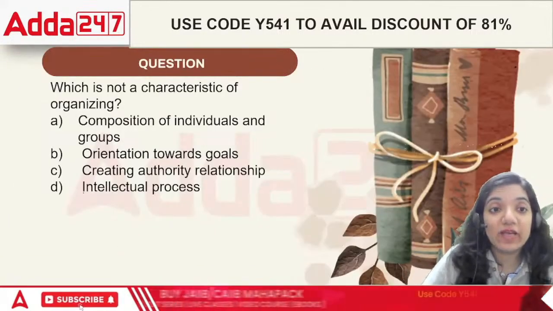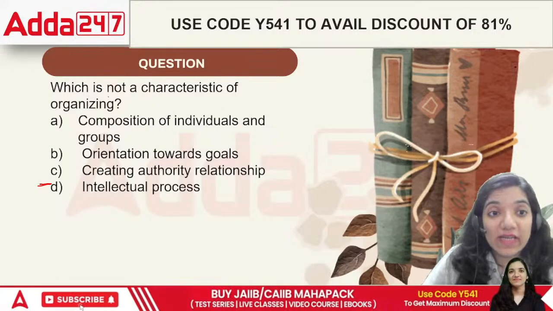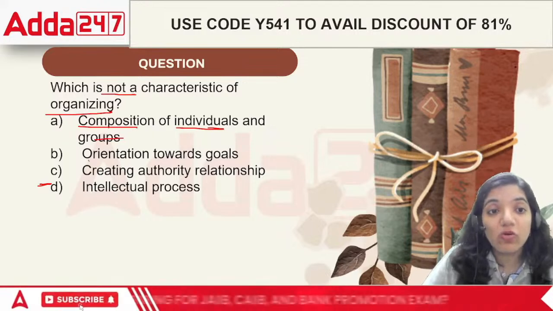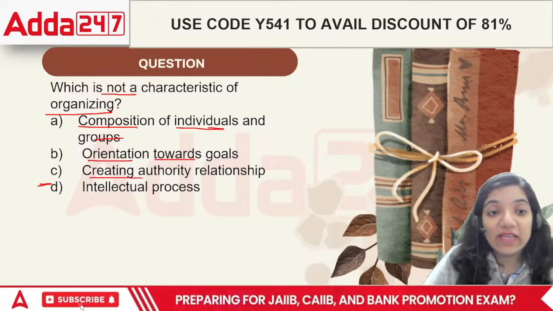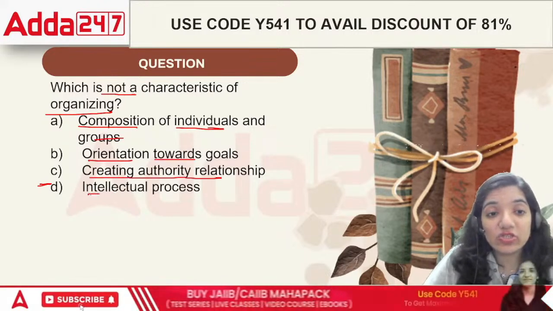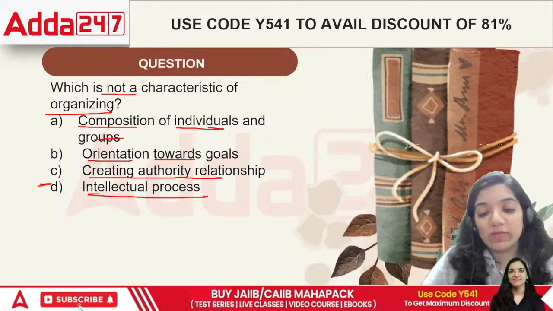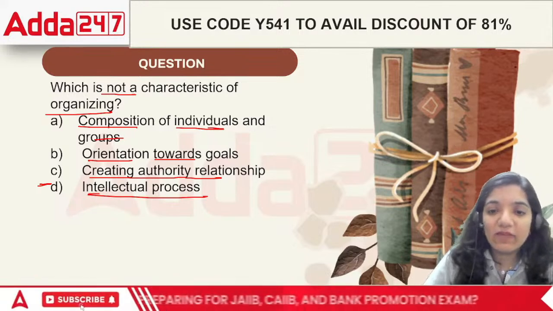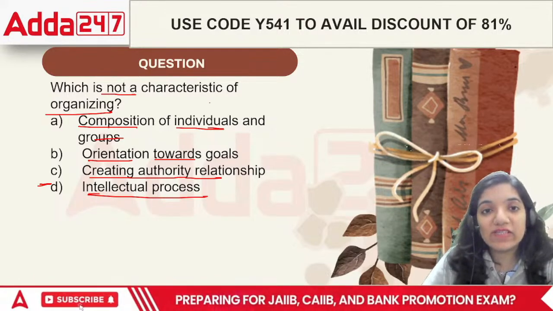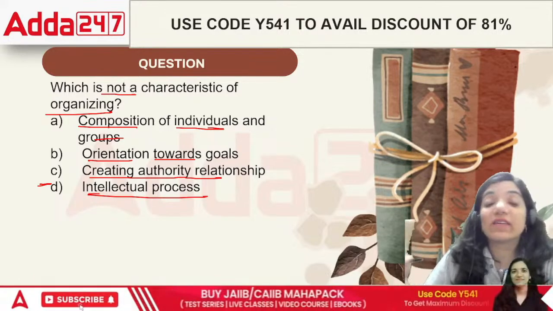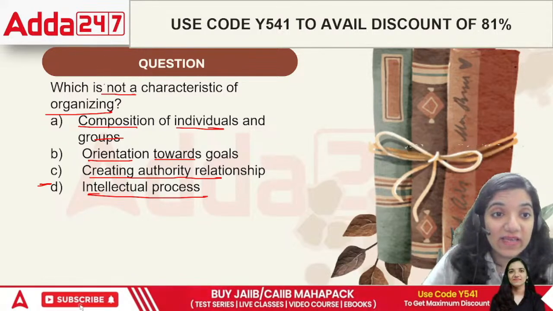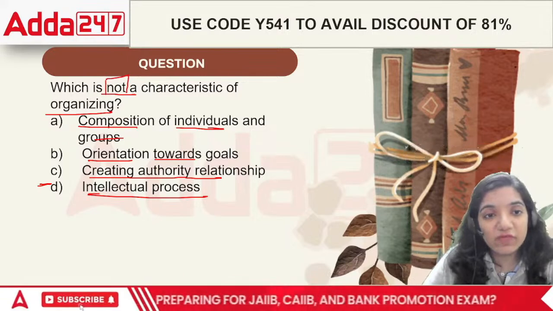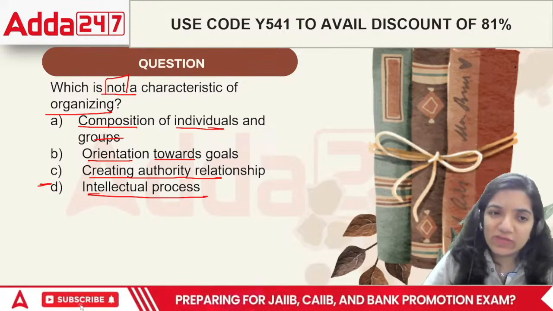Okay, the next question: which is not a characteristic of organizing? Composition of individuals and groups, orientation towards goals, creating authority and responsibility relationship, or intellectual process. Not means there is something which is not a part of organizing. Composition of individuals and groups, it is important.